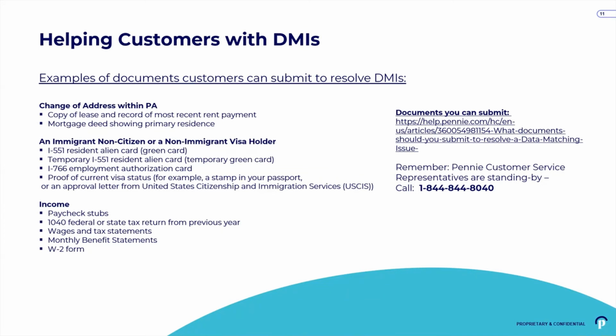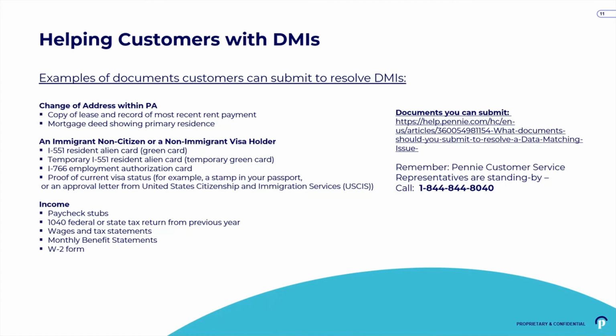And in some cases, with regard to something like a change of address within PA, you can use a copy of a lease and record the most recent rent payments, a mortgage or a deed showing a primary residence.